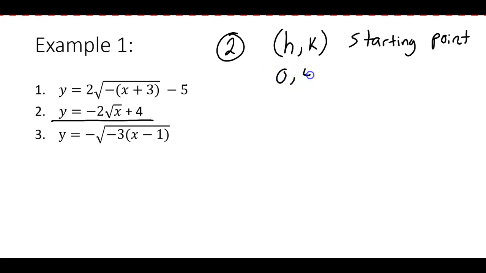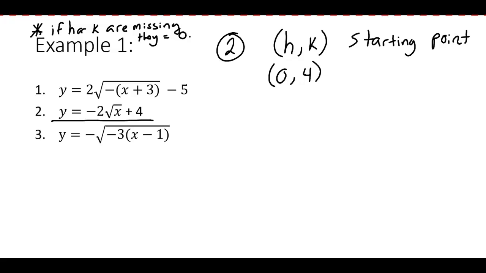So you might want to make a little note here, but you'll see this multiple times throughout the year. If h or k are missing, they equal 0. So in this case, there was no h. There's no number under the square root with that x that's being subtracted from it.